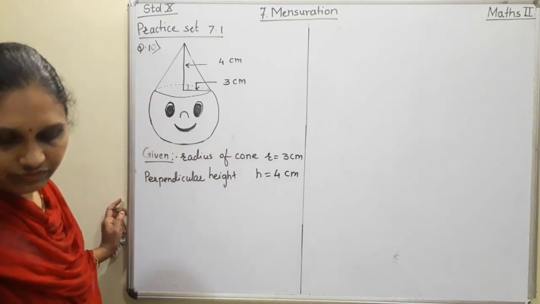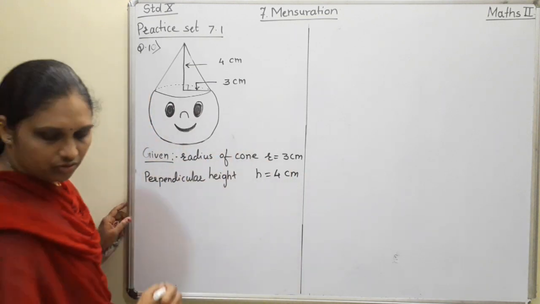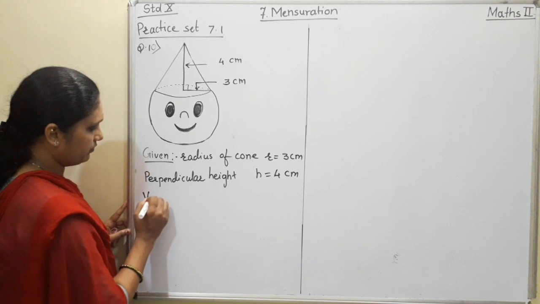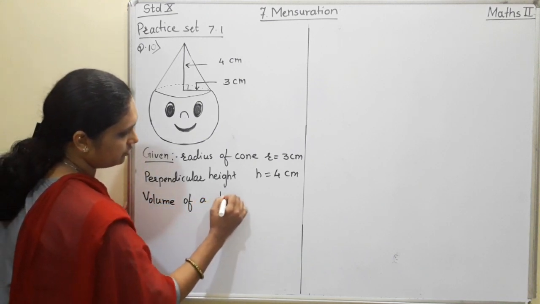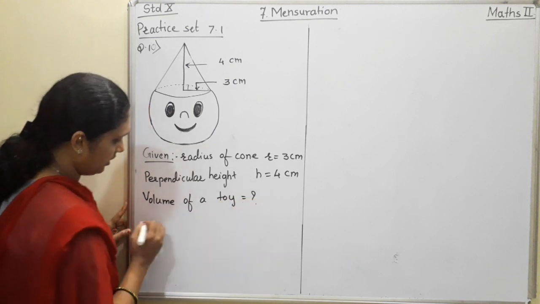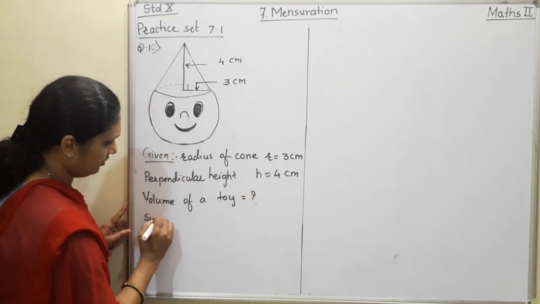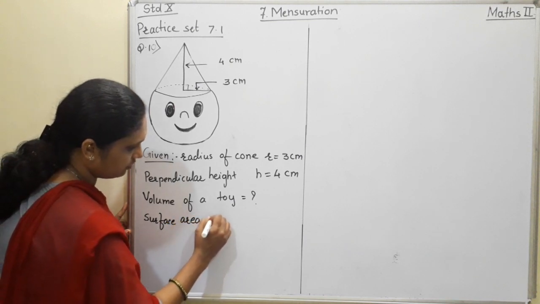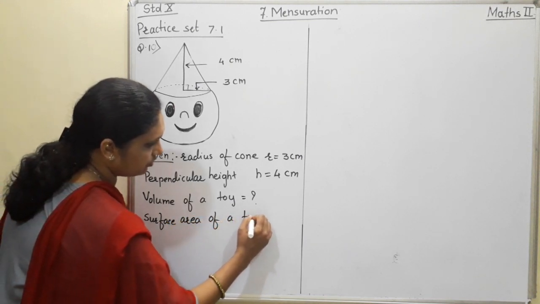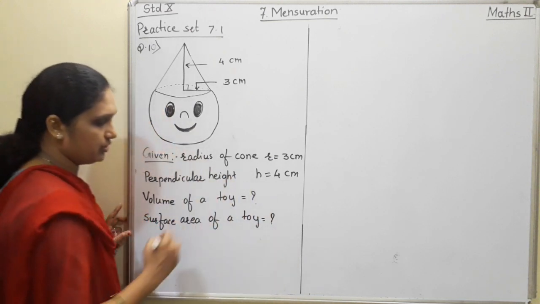And what to find? We have to find the volume of a toy, and we also have to find the surface area of a toy. So these are the two questions.